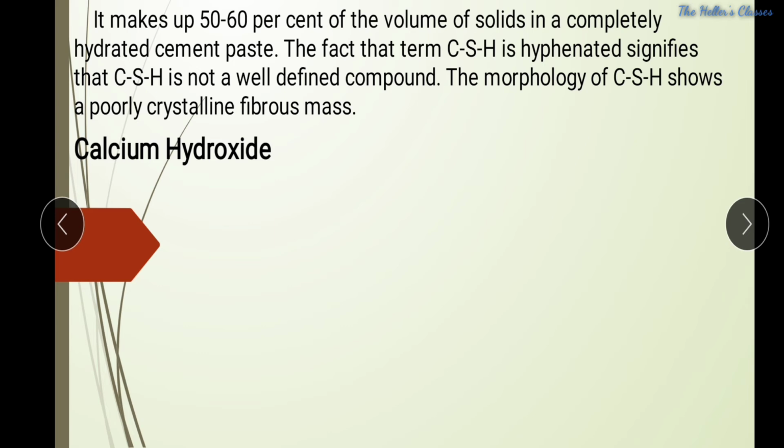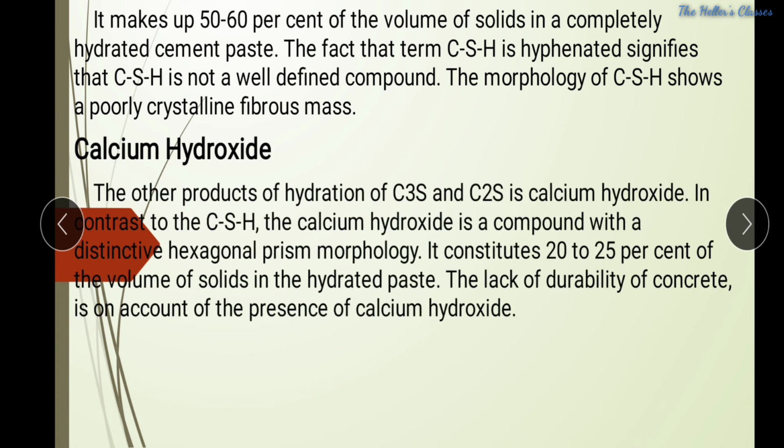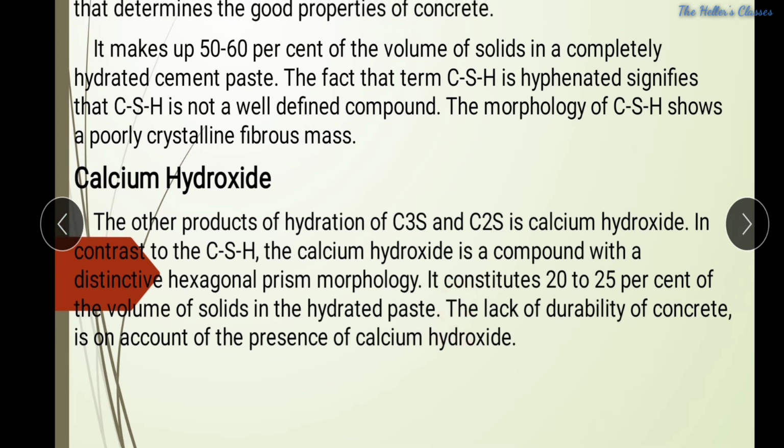Similarly, calcium hydroxide is also one of the basic compounds formed when tricalcium and dicalcium silicates react with water. In contrast to C-S-H gel, calcium hydroxide is a compound with a distinctive hexagonal prism morphology, and it constitutes 20 to 25% of the volume of solids in the hydrated paste.